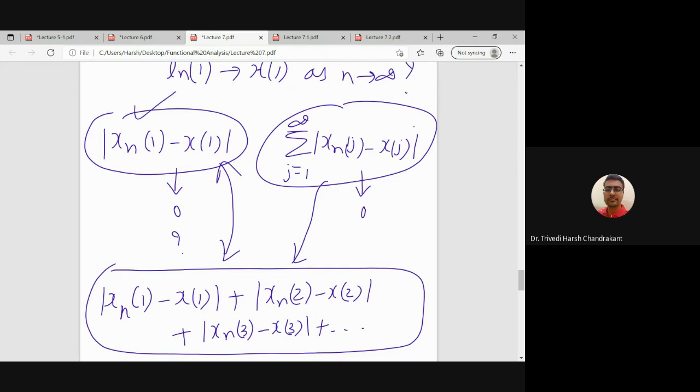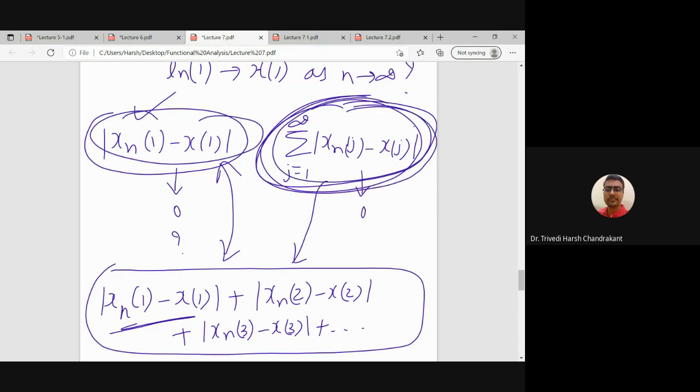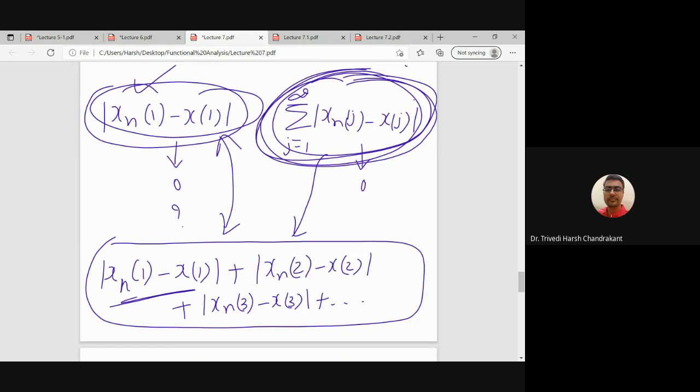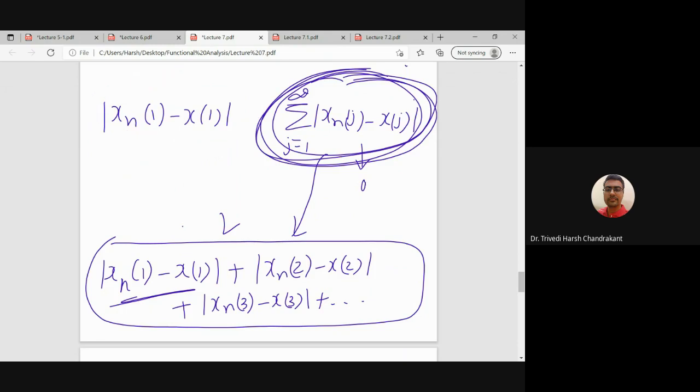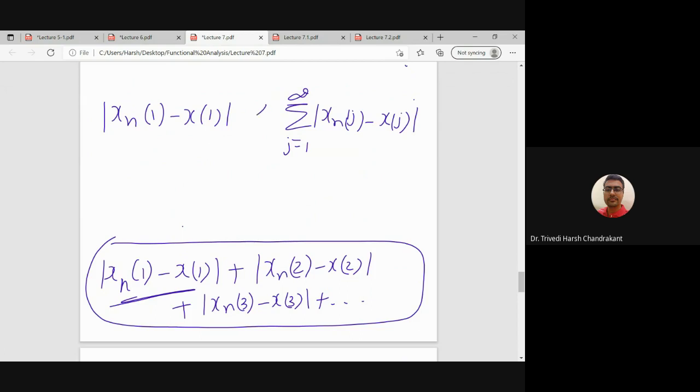So this is basically the first term of this series. So the series goes to 0, then this is the first term. This is a series of non-negative terms. So we know that this is always bigger than this, right? So this is less than or equal to this, and this converges to 0, right? This is always non-negative.